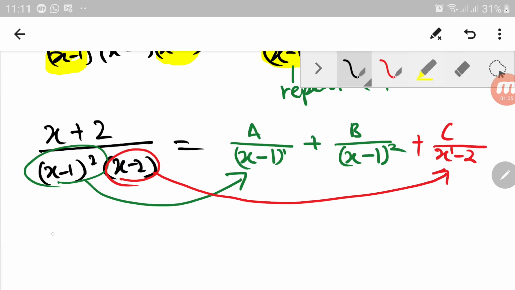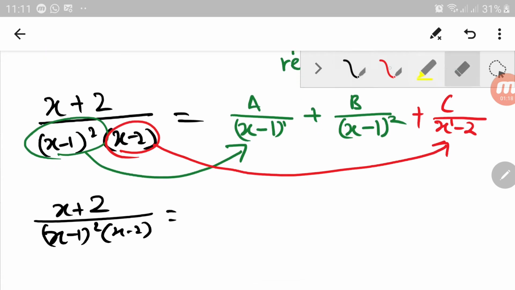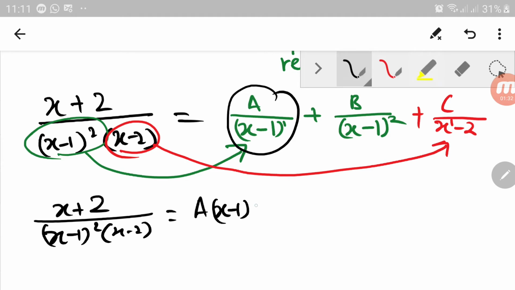Let's proceed. Now x plus 2 over x minus 1 squared x minus 2. Now we want to make these three fractions as one. How to do that? Just look at A. A already has x minus 1, so A needs one more x minus 1 and x minus 2.